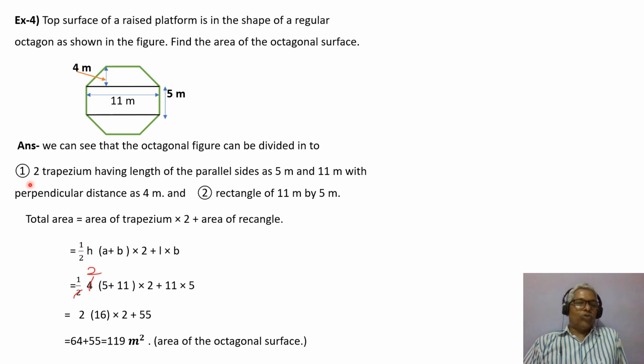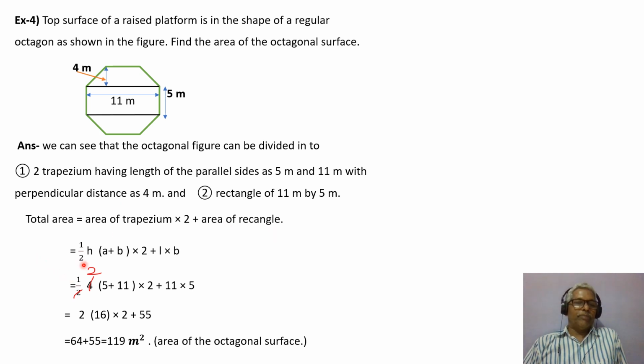Okay, so we'll see here again two trapeziums having parallel sides 5 meters and 11 meters. We have seen this with the perpendicular distance of 4 meters, which is given, and a rectangle of 11 meters by 5 meters. We have also seen this. Then proceed. So total area will be the area of the trapezium into 2 plus area of rectangle.